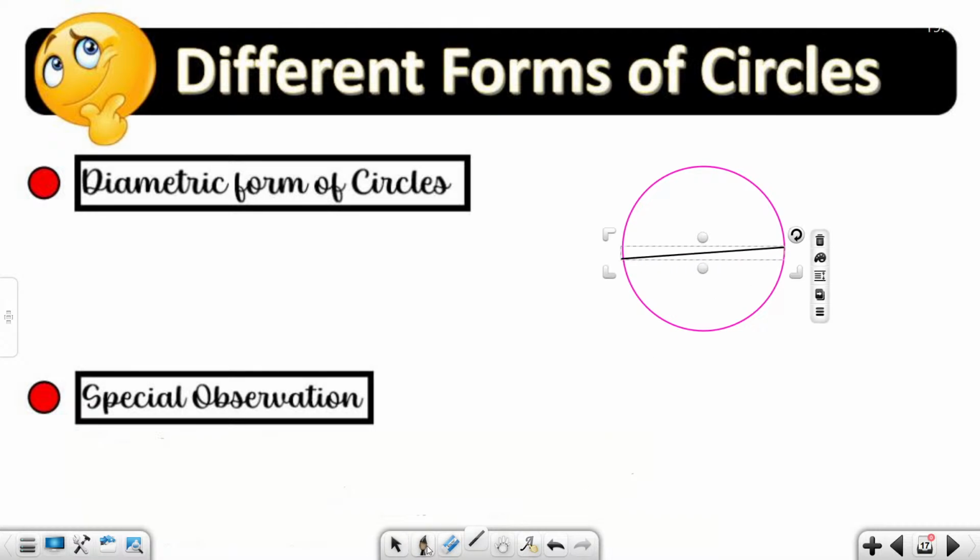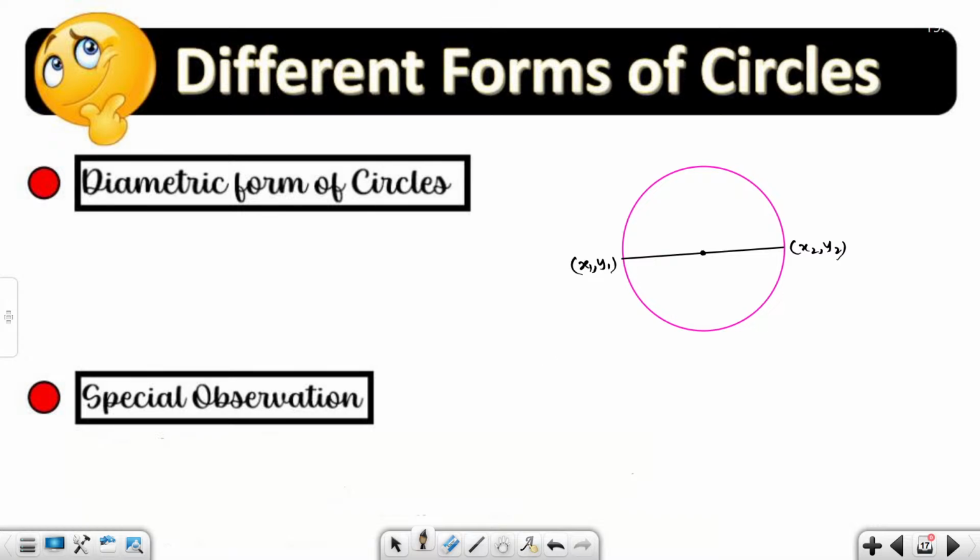Suppose this is the diameter, and we have the extremities of the diameter as x1, y1 and x2, y2. This is a diameter. It is passing through the center. Now the question is, you have to find the equation of this circle.